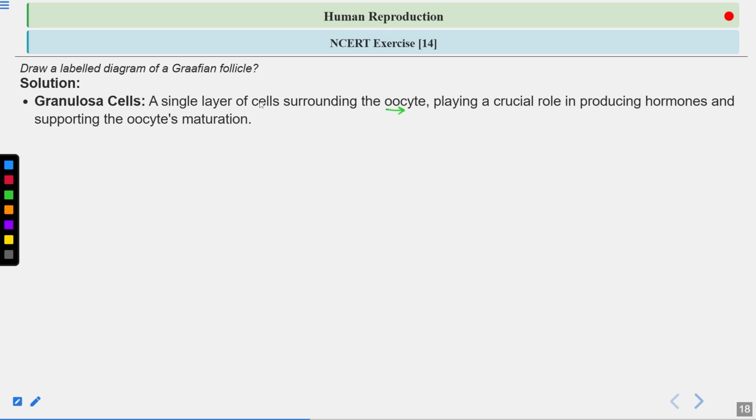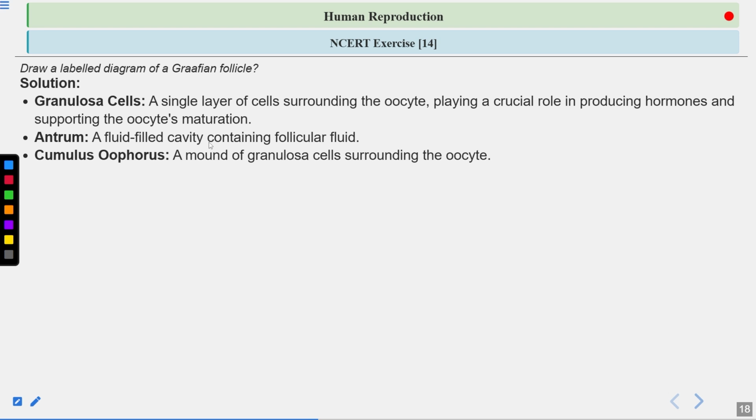They secrete hormones also, and they support the maturation of the oocyte as well. Then antrum. The Graafian follicle also consists of an antrum, which is a fluid-filled cavity containing the follicular fluid.